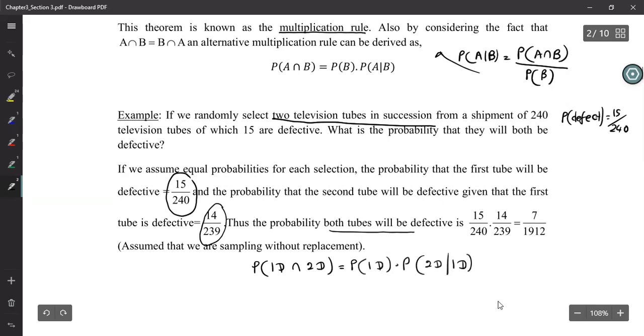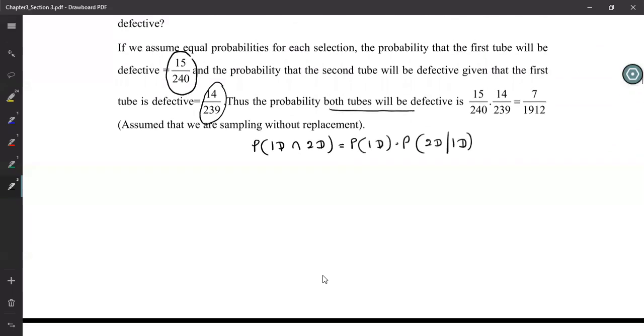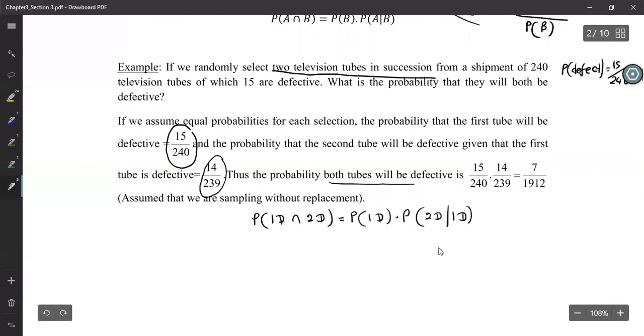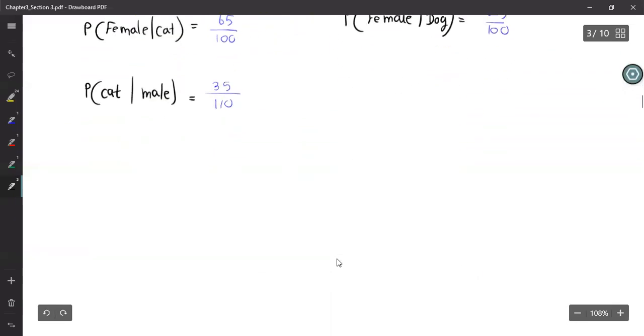So this is a direct use of conditional probability and the multiplication rule. Now we have an easier way to get this probability actually, so I'll show you an easy method to understand this type of probabilities. You can find the answer by multiplying. So this is the multiplication rule.